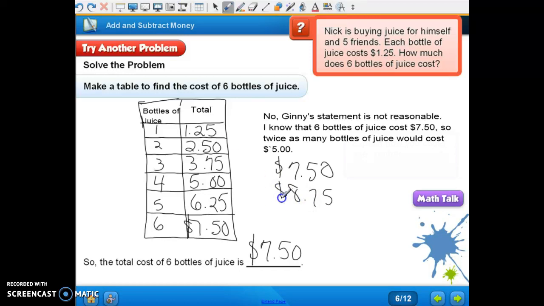If we add another $1.25 to that, we're going to be at $10. So this was 6 bottles, 7 bottles, 8 bottles. So Nick could buy 8 bottles. That's your answer to part 3.